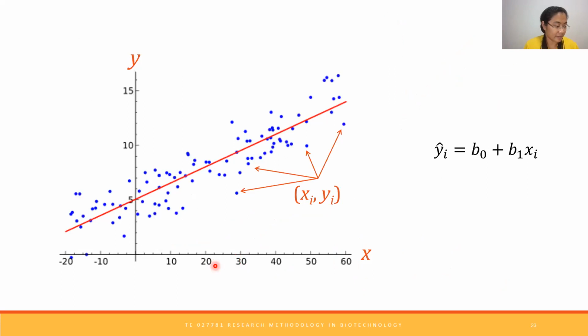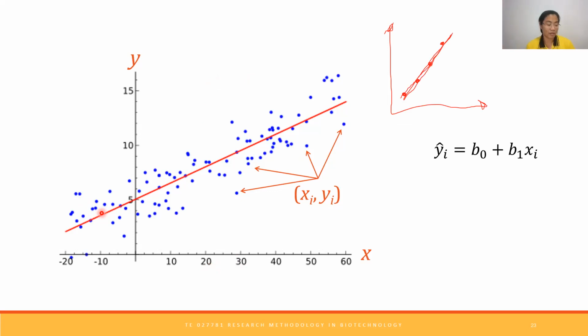In real life, when you want to do linear regression, you have sets of data, but the data set will not go straight. You don't have a case where every data point is on the line and it's 100% linear.